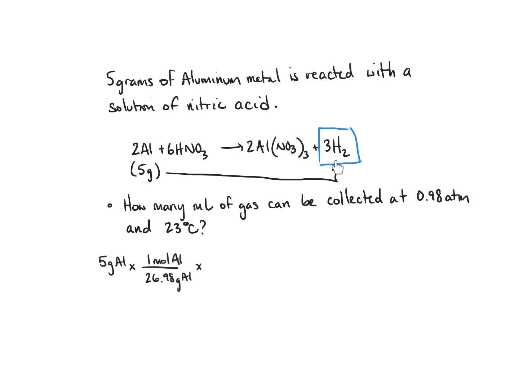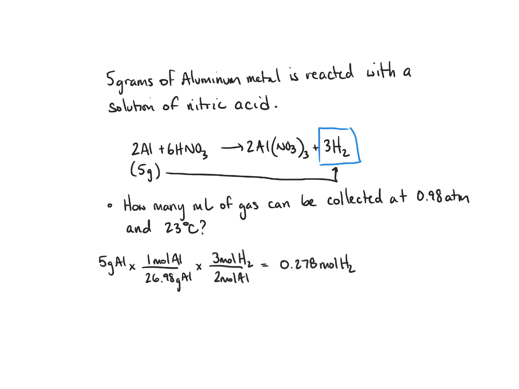So we're in moles of aluminum, and we know that it's a 2 to 3 ratio. So for every 2 moles of aluminum, there are 3 moles of H2 formed. All right, and that's all we need. All we need is that 5 times 3 divided by 26.98 and divided by 2, and that tells us that we have 0.278 moles of hydrogen gas formed.